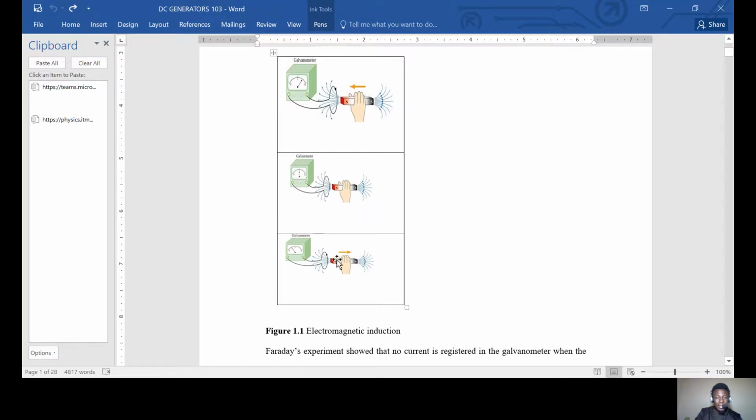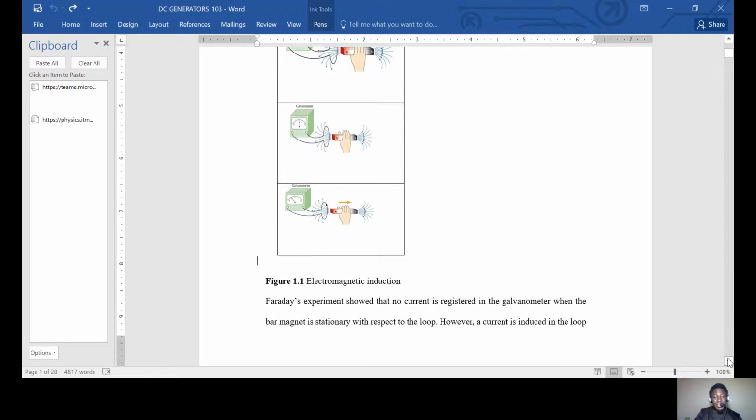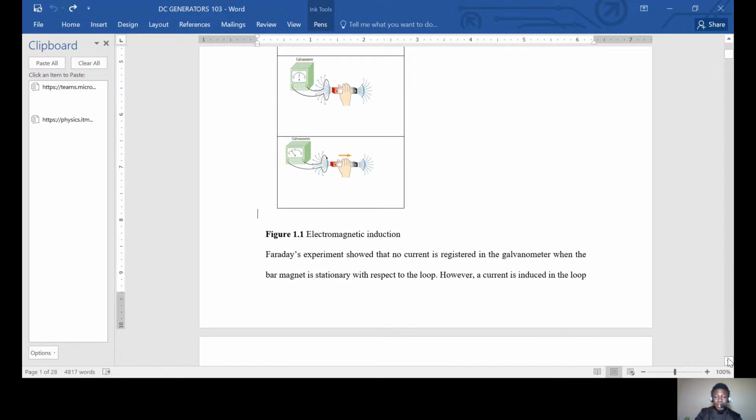In the third, the magnet is moved away from the loop, and there is a deflection in the galvanometer but in the opposite direction. So Faraday's experiment shows that no current is registered in the galvanometer when the bar magnet is stationary with respect to the loop.